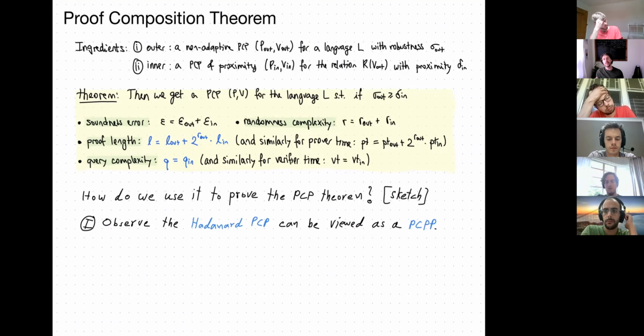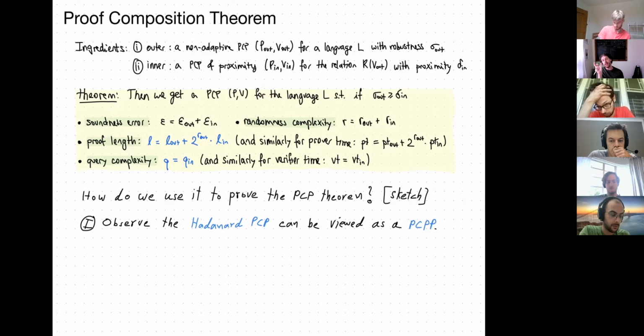Let me say it again. In the Hadamard PCP, the input was the description of a formula, and the goal was to check whether there is an assignment that satisfies it. Then the prover provided us with the assignment and its Hadamard encoding. Alternatively, we can think of the formula as a parameter, which is completely known to all parties.